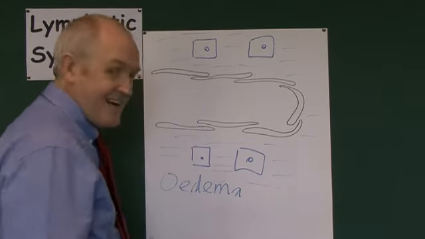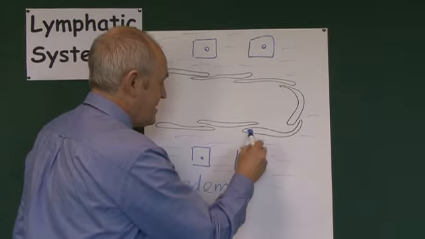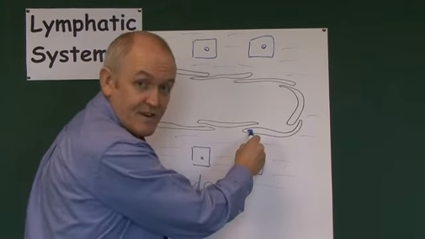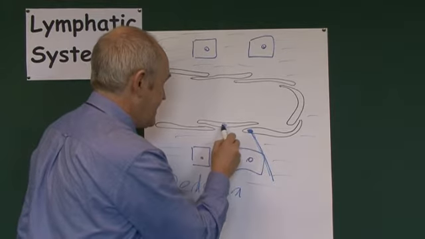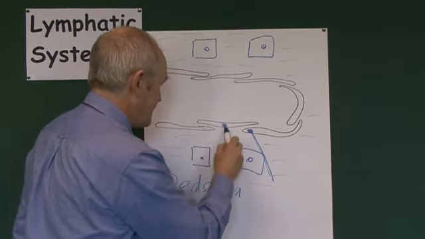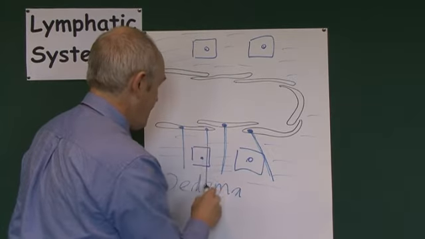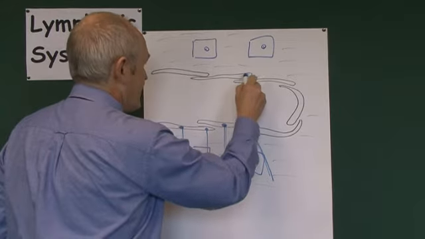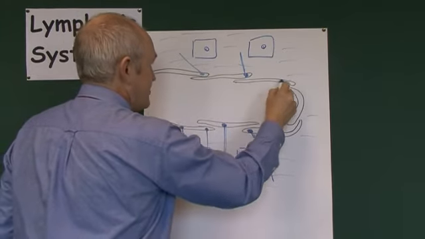So what we have attached to the endothelial cells are radial or anchoring filaments of tough connective tissue attached to these cells.